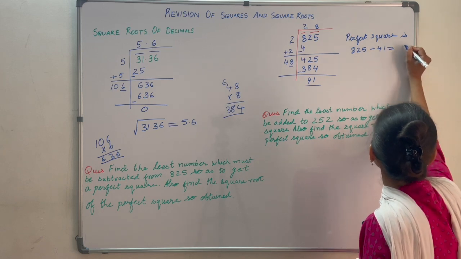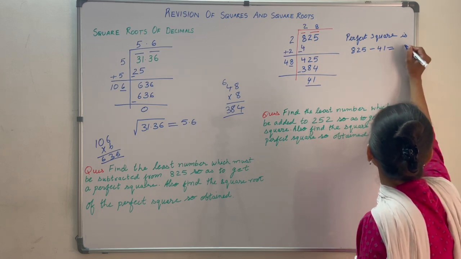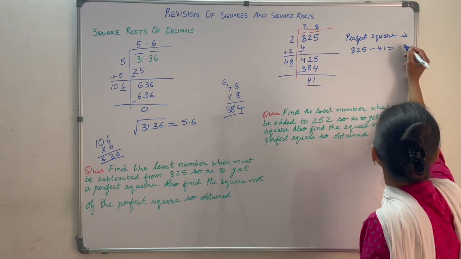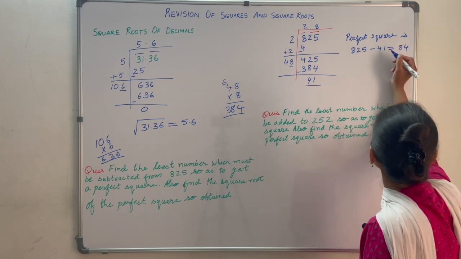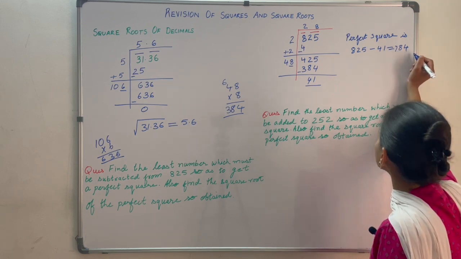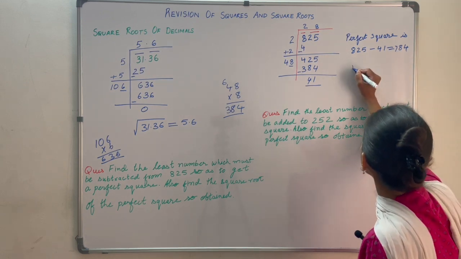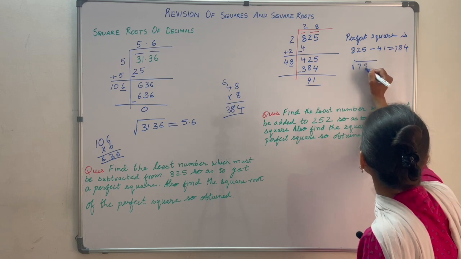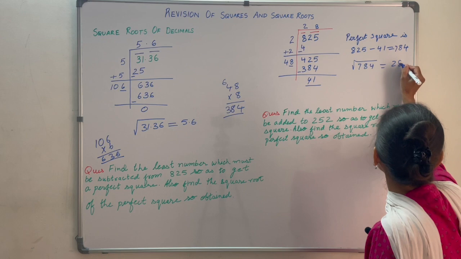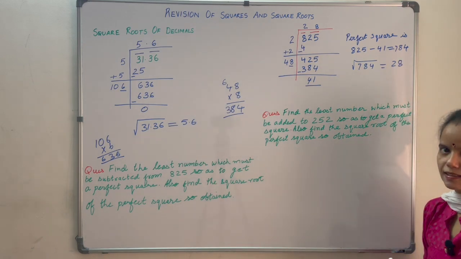So 5 minus 1 is 4, and 12 minus 4 is 8, and here you get 7. So 784 is a perfect square and the square root of 784 is 28. So that is the answer.